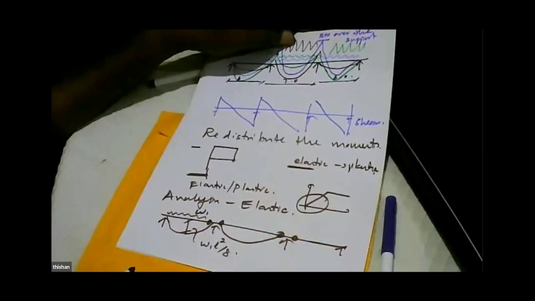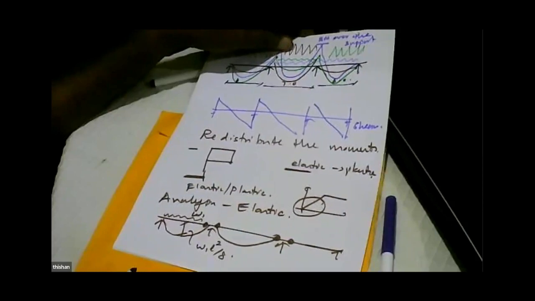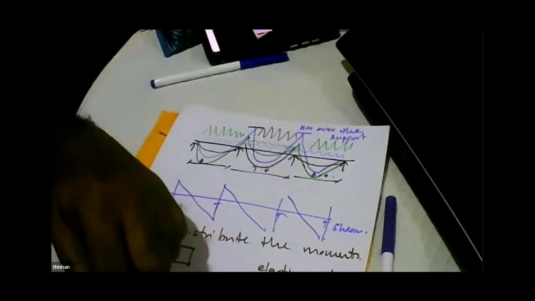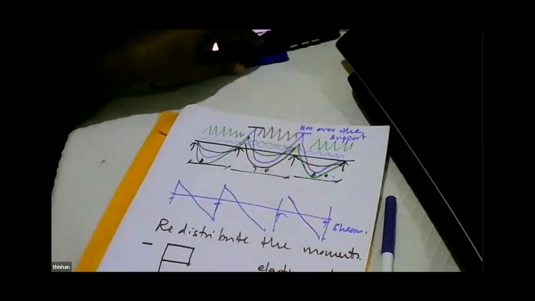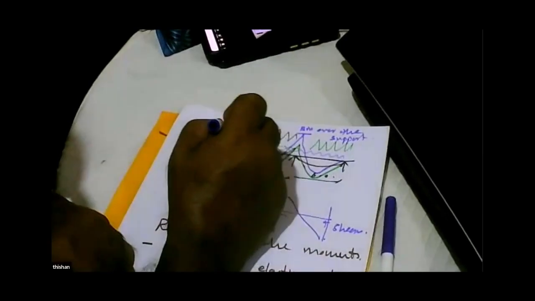Any extra load. Until the plastic hinges are formed, it's like an elastic. As the plastic hinges are formed, it will behave like this. So the BS code, the British code, allowed it, and Eurocode allows it.